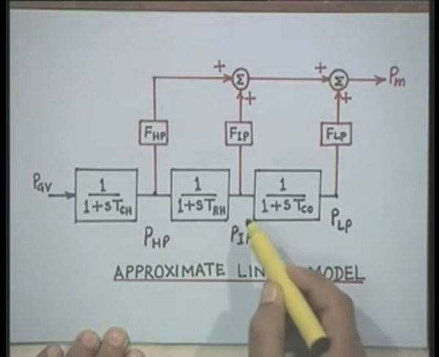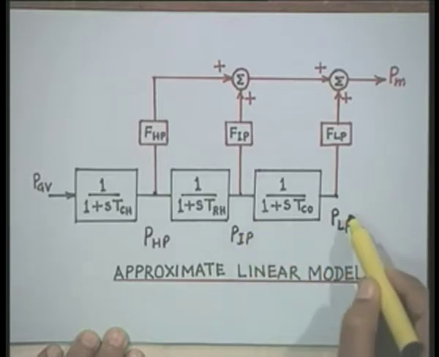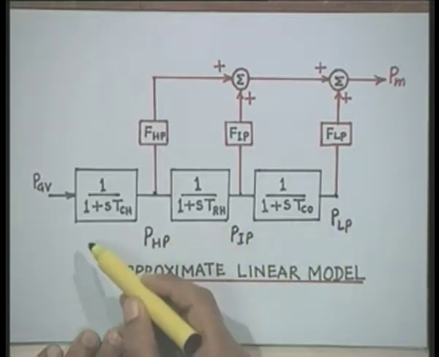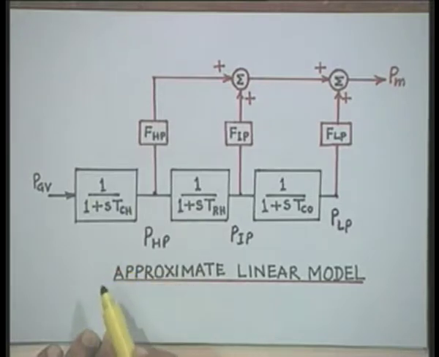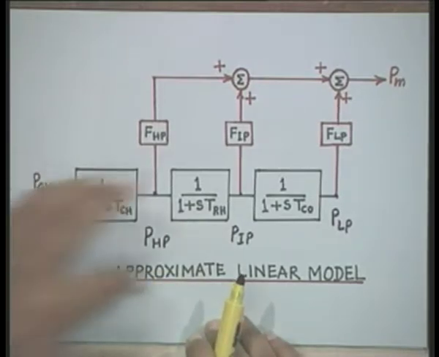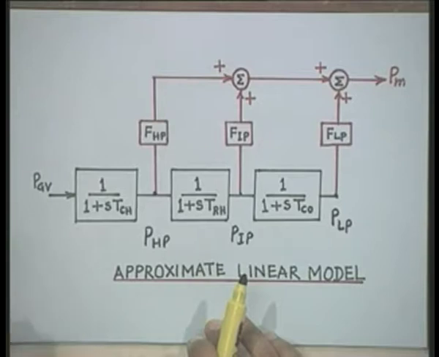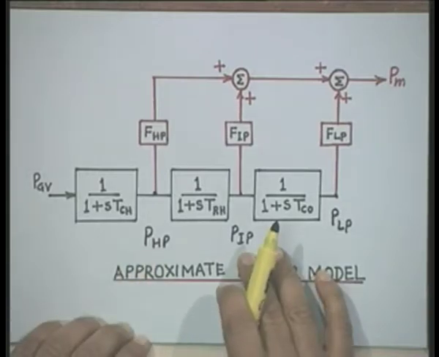Now, the state variables in this case will be PHP, PIP and PLP. These are the 3 state variables. If you want to study small signal stability, then there will be incremental changes, like delta PHP and delta PIP as state variables.